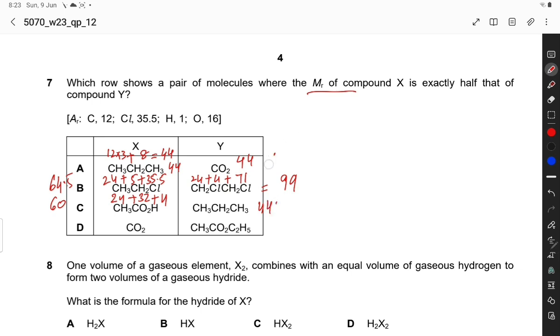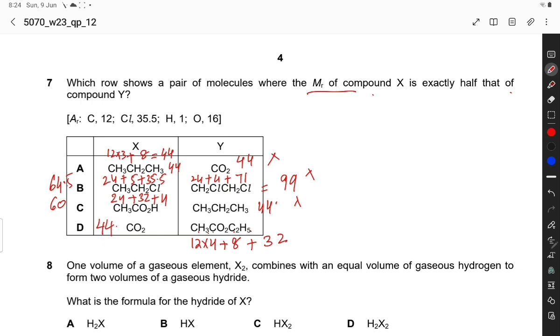So this is incorrect, this is incorrect, this is incorrect, because Mr of compound X is not exactly half that of compound Y. This is 44, carbon dioxide is 44, and this is C4H8: 12 into 4 plus 8 plus 32.